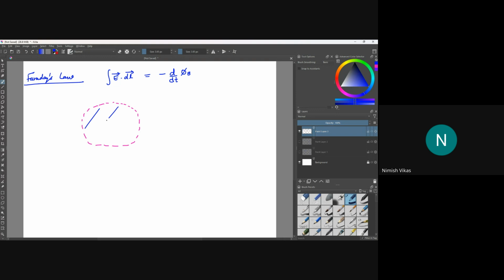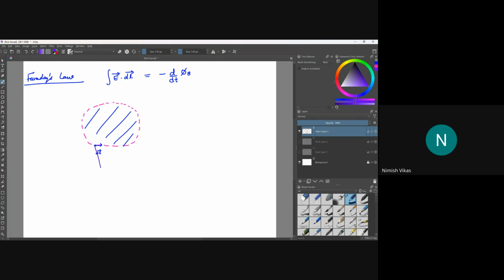If you find out integral E bar dot dl bar for this loop, what is the meaning of finding integral E bar dot dl bar? You go around the loop, and then find out E bar dot dl.